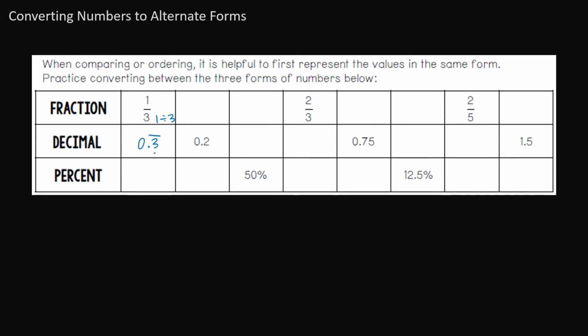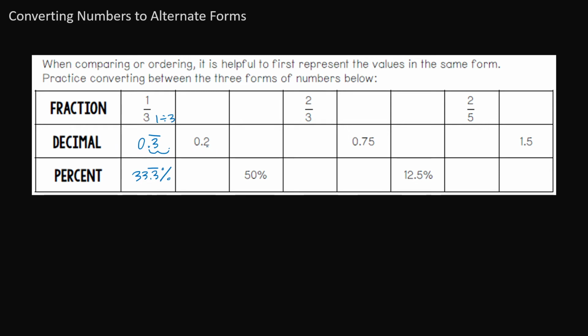If we write this as a percent, remember to convert decimals to percents, you are moving the decimal 2 places to the right or multiplying by 100. So this would be 33.3 repeating percent.